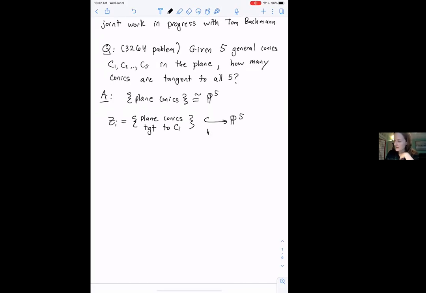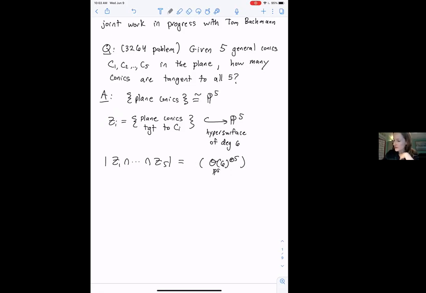And this can be figured out to be a hypersurface of degree 6. So if we want conics tangent to all 5, we would say that this is Z1 intersect through Z5, and by Bezout, this would be the Euler class of O(6) to the 5 on P5.